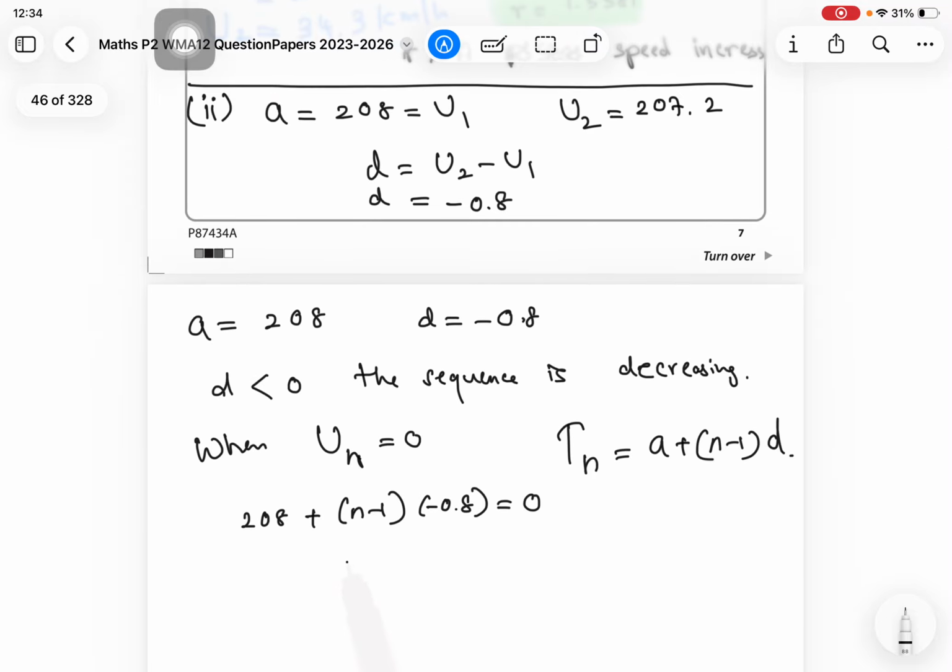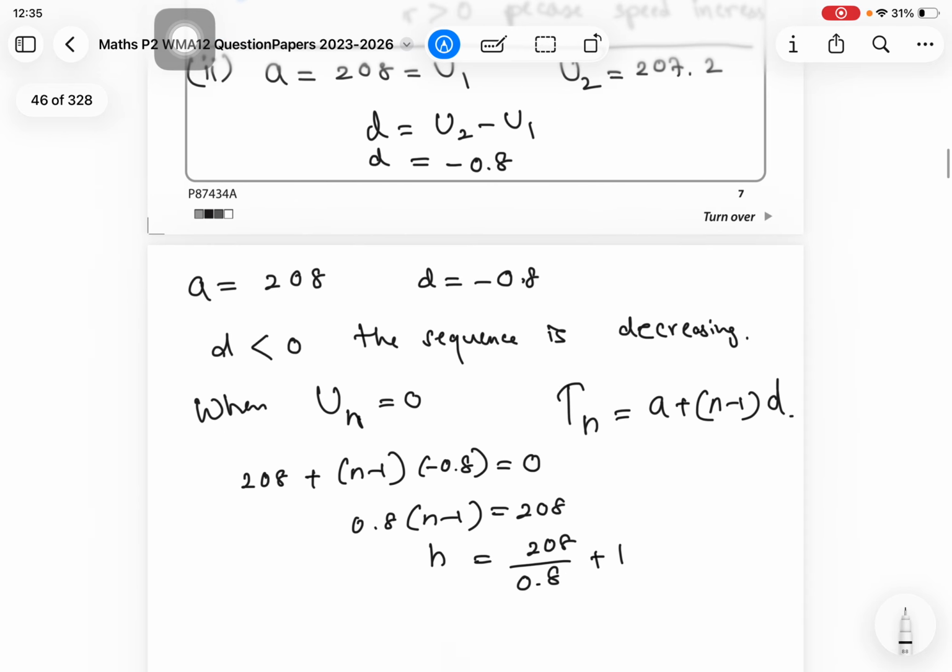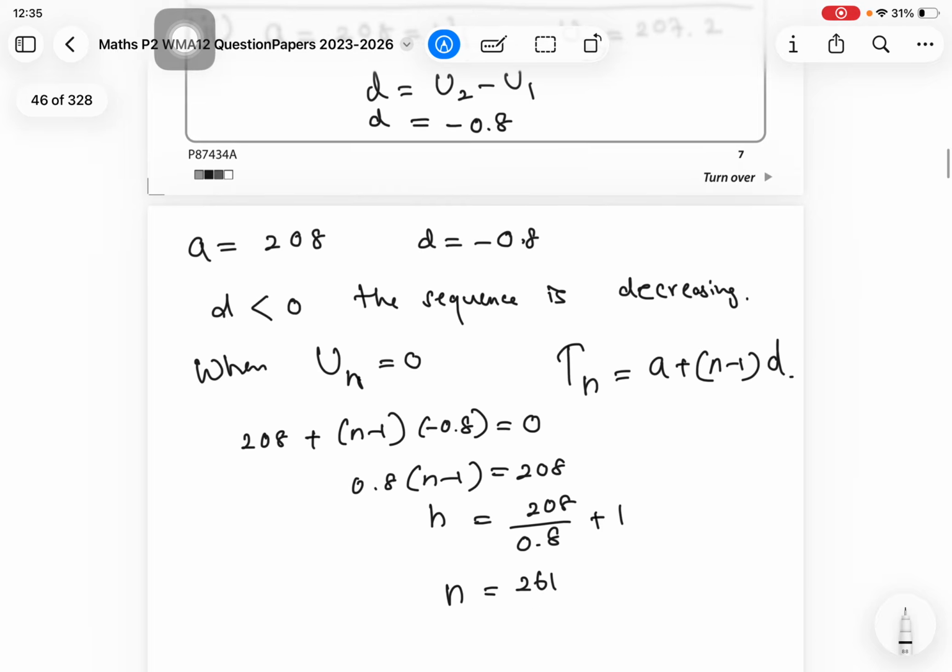So we have 0.8 times n minus 1 equals 208. So here is a simplification. So we have 208 divided by 0.8 plus 1. So n is 261. So these are the values.